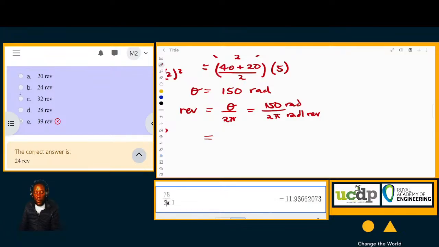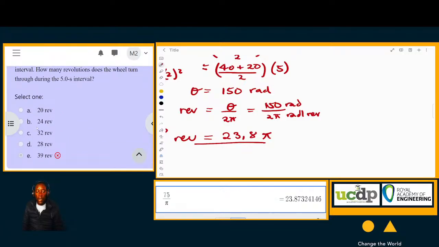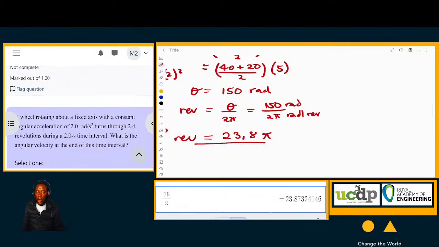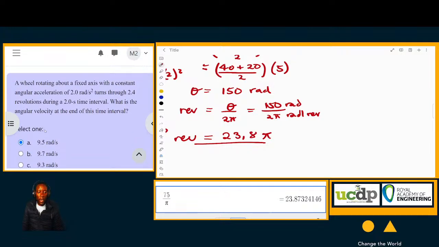If I say 75 over pi, that's the 23.8. So you better not try doing the mental like I'm doing here. But anyway, the revolutions, we have 24 revolutions there. It's actually correct. So the correct answer is B and not E. So yeah, that's just an error that one needs to avoid.